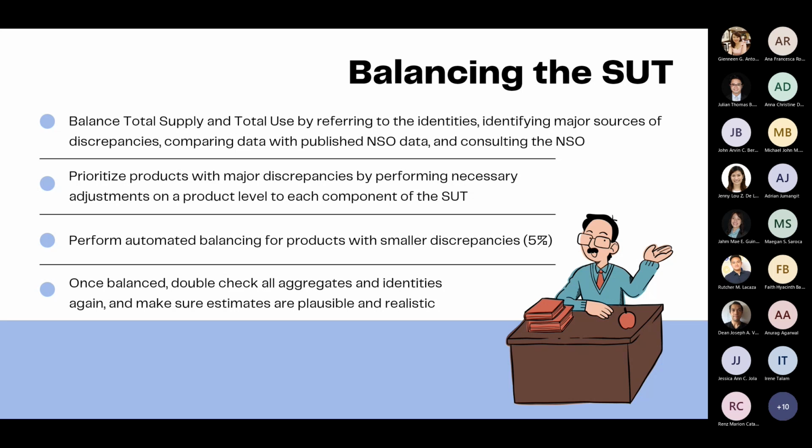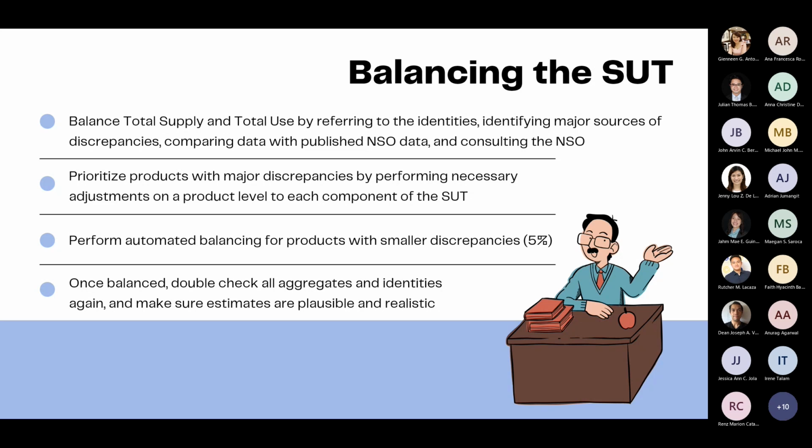And if it's difficult to balance the two, try to go back to the three identities that I discussed earlier. Review your macroeconomic identities, and assess the reliability of your aggregates. You can start with large discrepancies in the output, intermediate consumption, or GVA of products, of industries, etc. And from there you can identify major sources of discrepancies.